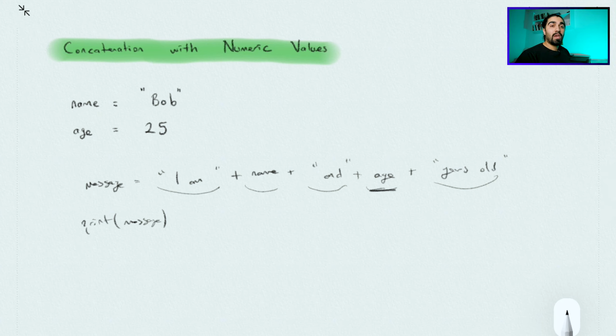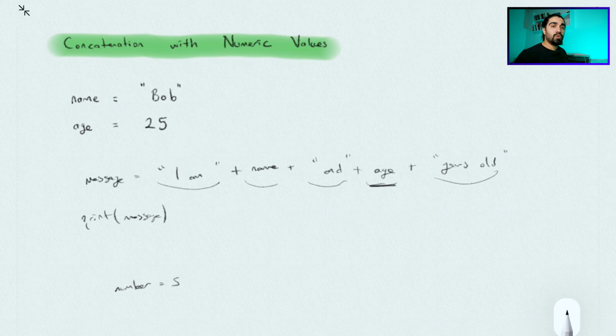To be able to do that, we have a function in Python, which is the str function. It basically converts my data types to strings. For example, I have number equals 5. If I want to convert this into a string, I will create another variable name, string_number, and I will just type str(number).